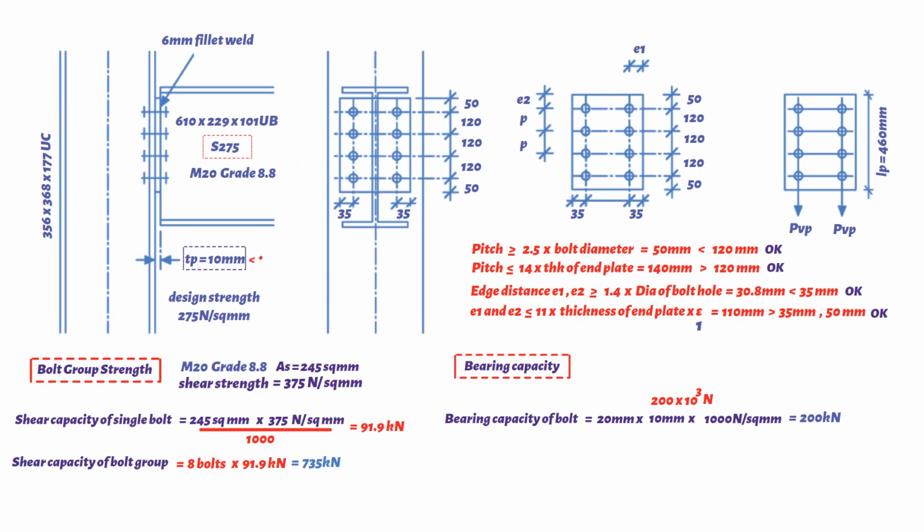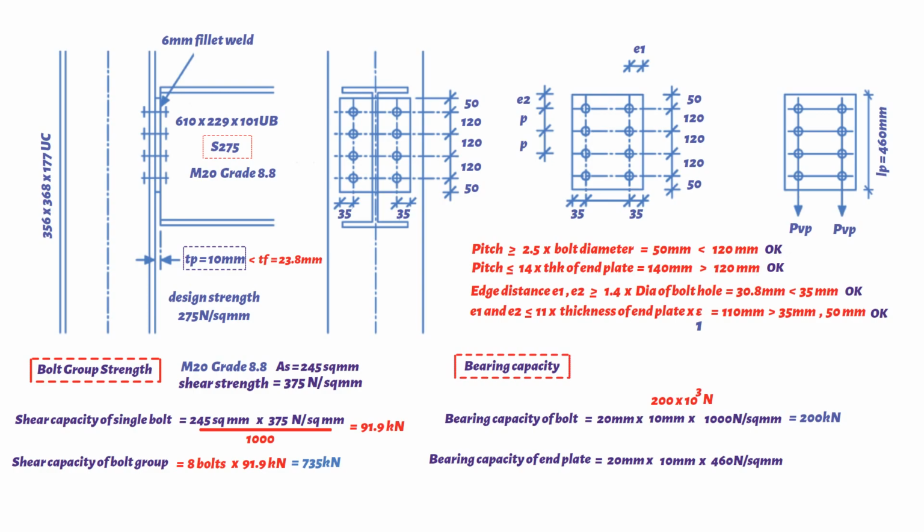Note that the end plate is thinner than column flange, and will therefore be critical. Bearing capacity of end plate is given by bolt diameter 20 mm, multiplied by thickness of end plate 10 mm, multiplied by bearing strength of end plate, which equals 460 Newton per square millimeters for steel grade S275.